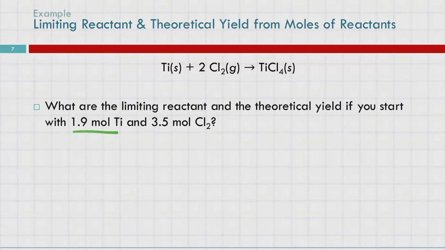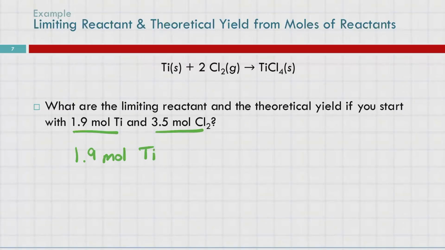So starting with titanium and chlorine, let's do the titanium part first. So we've got 1.9 moles titanium. Again, we're starting in moles. It's just more convenient that way. We don't have to do as many calculations.